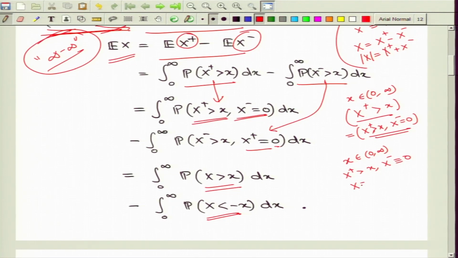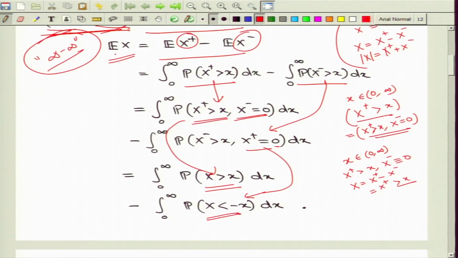Here the random variable X, which is X plus minus X minus, is taking the value of X plus and therefore this is greater than x. That is what we have rewritten here. Again, when X minus is positive and X plus is identically 0, the original random variable is taking negative values, and the values will be less than minus x.